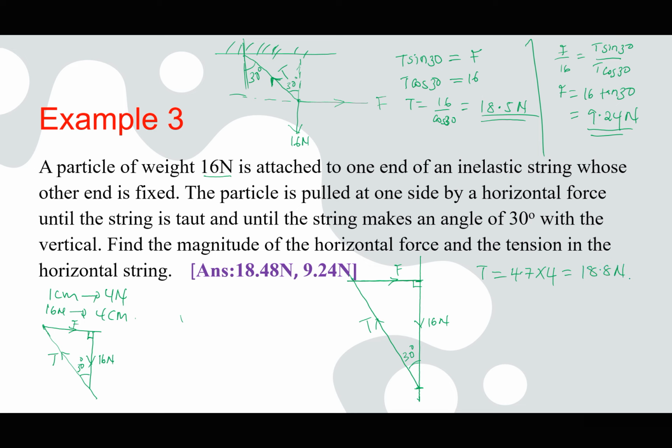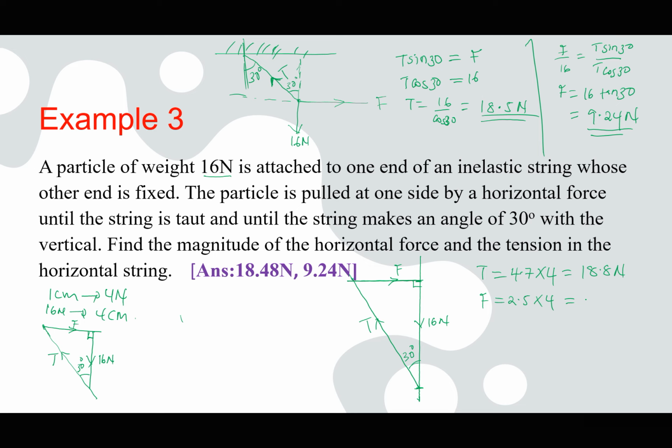Then to find F, I just measure the length representing F. And this is 2.5 exactly. So I'm getting 2.5 centimeters, times 4, because 1 centimeter represents 4 newtons.